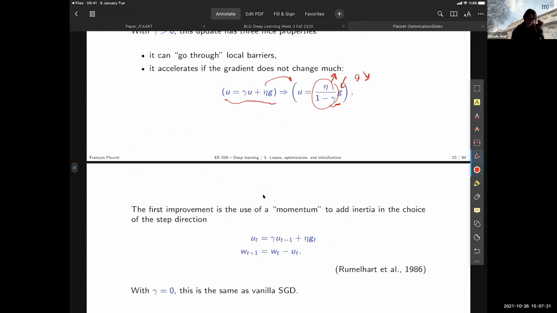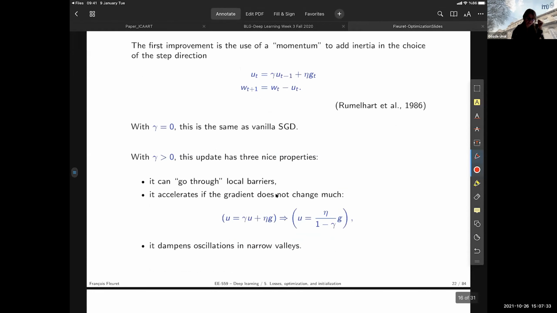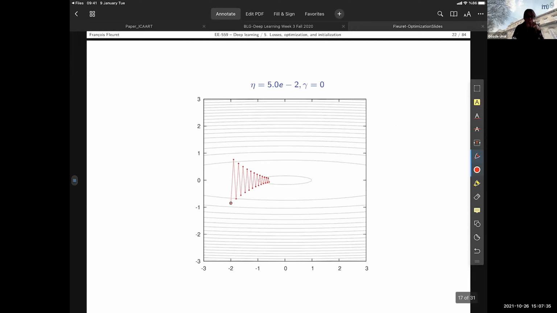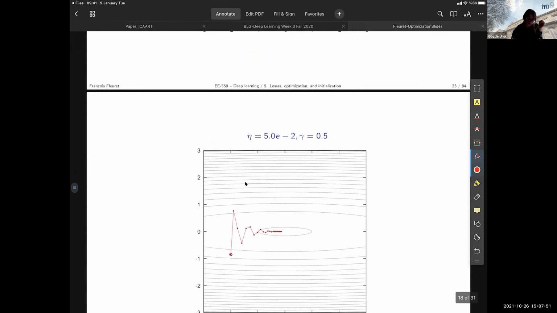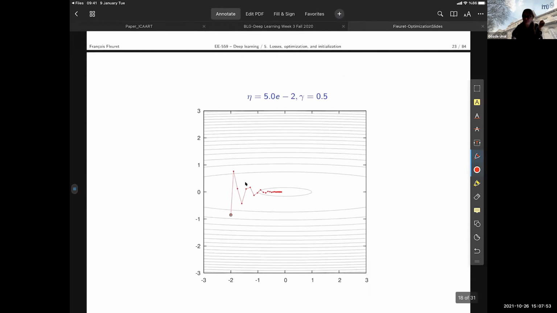It may dampen oscillations. Let's check some of the results here. This is gamma 0. It's still stochastic gradient descent with no momentum, with this step size or learning rate of 5 times 10 to the minus 2. Now, let's see what happens to this trajectory when we add momentum. Momentum is added with momentum parameter 0.5.